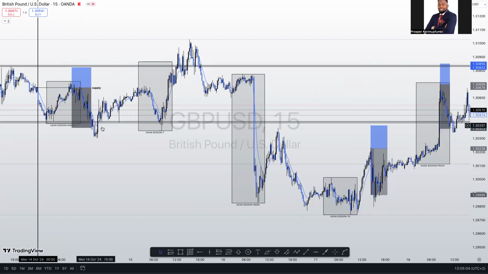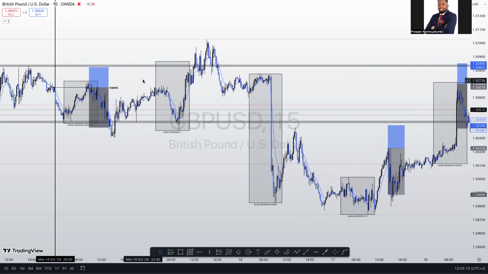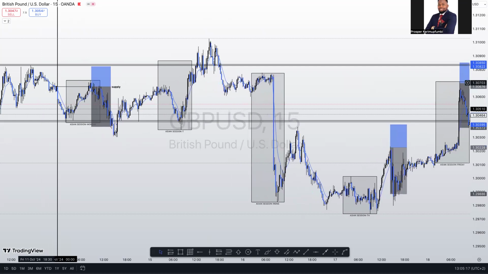So this is more like a zone of rejection. If you can see how it has been reacting to the price action, it was actually respecting these two zones, right?